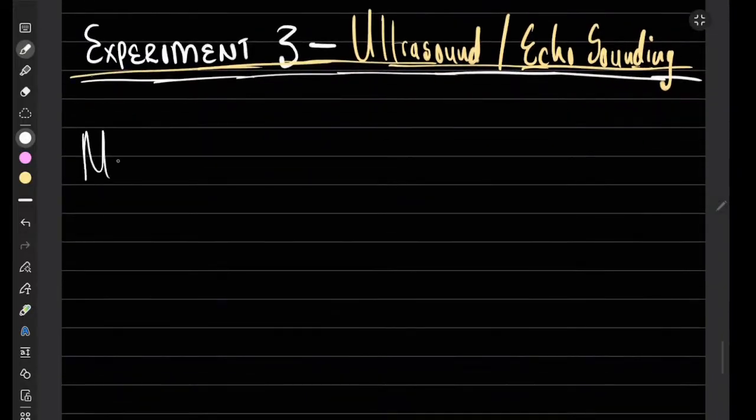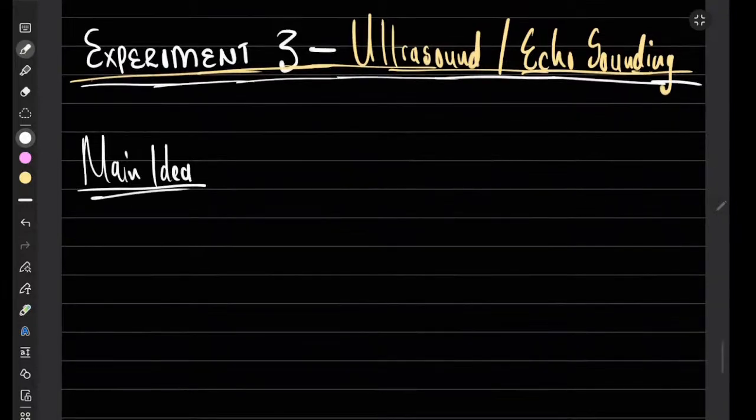Let's see the main idea behind this. You can use an echo to find the speed. You hold a stopwatch, then you clap.